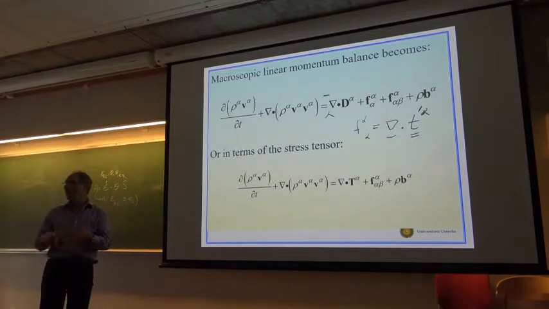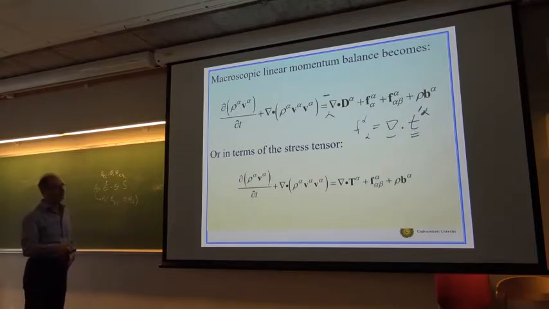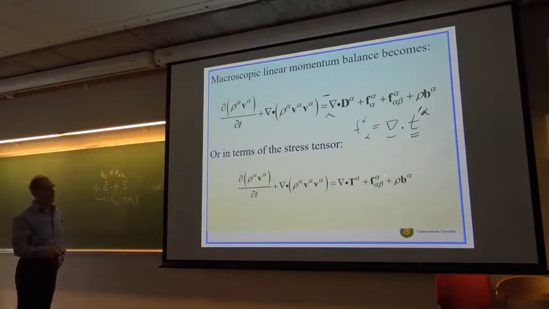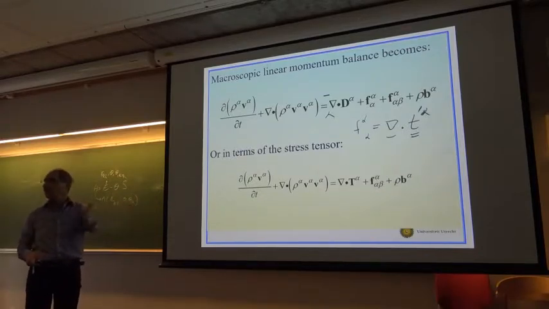And because my REV now includes many, many pores and many, many interfaces, average over everything. The psi distribution was over the whole space. So this is everywhere, except that it existed only in the alpha beta boundaries. Okay, so this is now actually very similar to what we had for a component momentum balance.